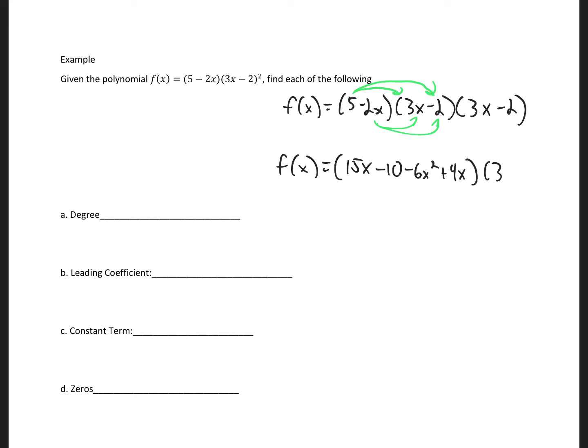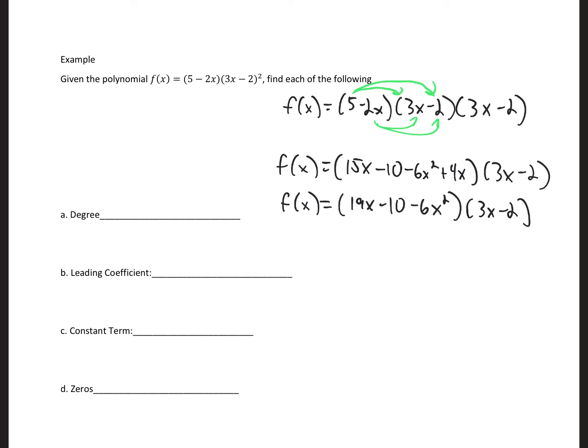And then we still need to multiply that all by 3x minus 2. Let's just simplify that some more. We can take this and combine 15x and 4x. We've got 19x minus 10 minus 6x squared. And we still need to multiply by 3x minus 2.